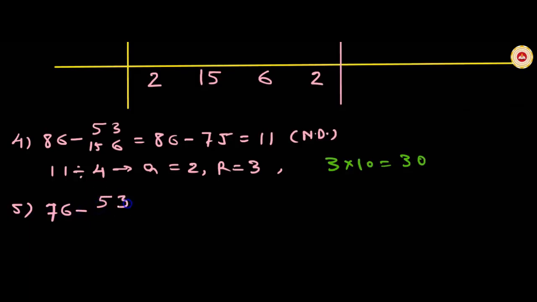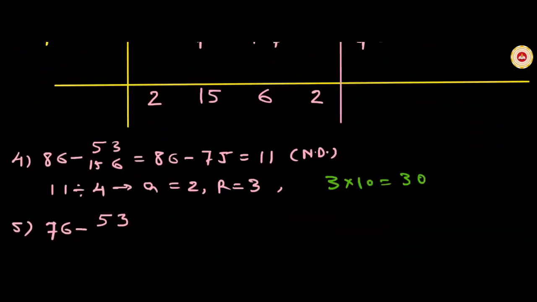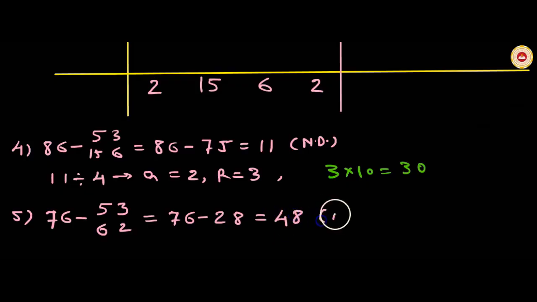The cross product of the two flag digits, 5 and 3, and the last two quotient digits, 6 and 2. That gives 76 minus: 5 twos are 10, 6 threes are 18, 18 plus 10 is 28. So 76 minus 28: 76 minus 20 is 56, minus 8 is 48. 48 is the net dividend.